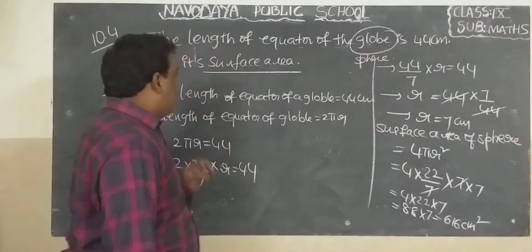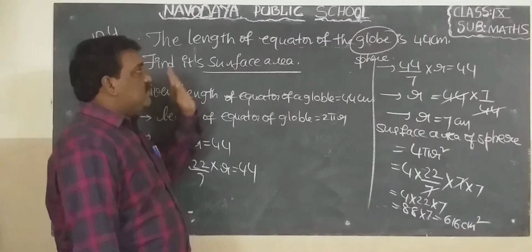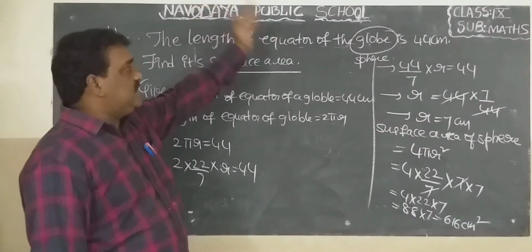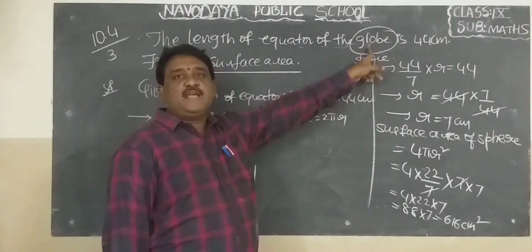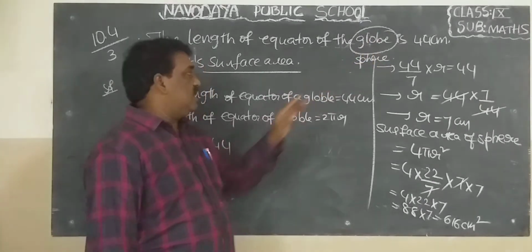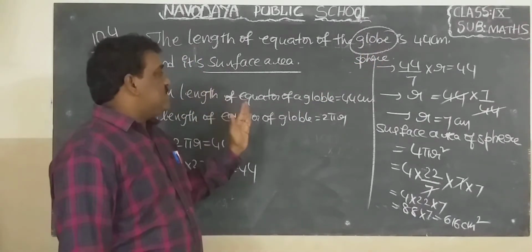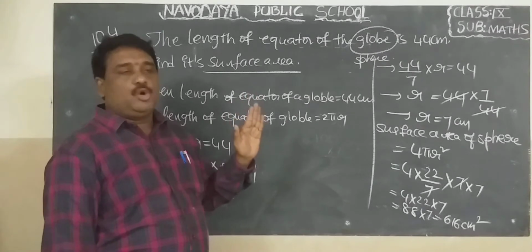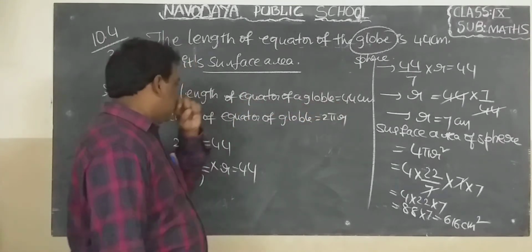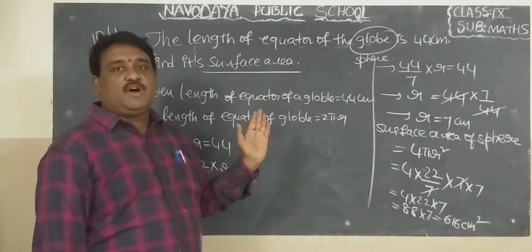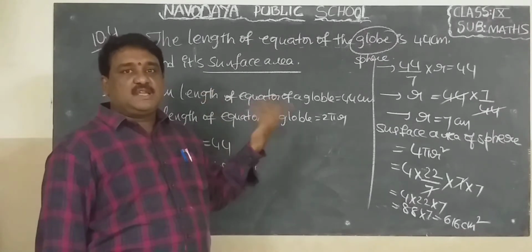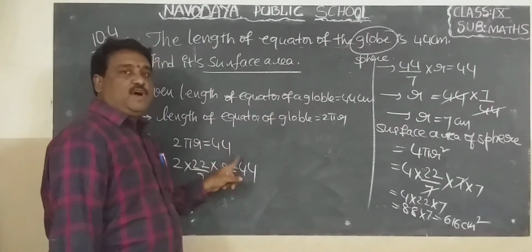See again, what is given? Given the problem is about sphere. How is it known to you? Globe is the example for sphere. Okay? So given length of the equator of a globe equal to 44 centimeters. Length of the equator formula 2 pi r, means circle. 2 pi r equal to 44.